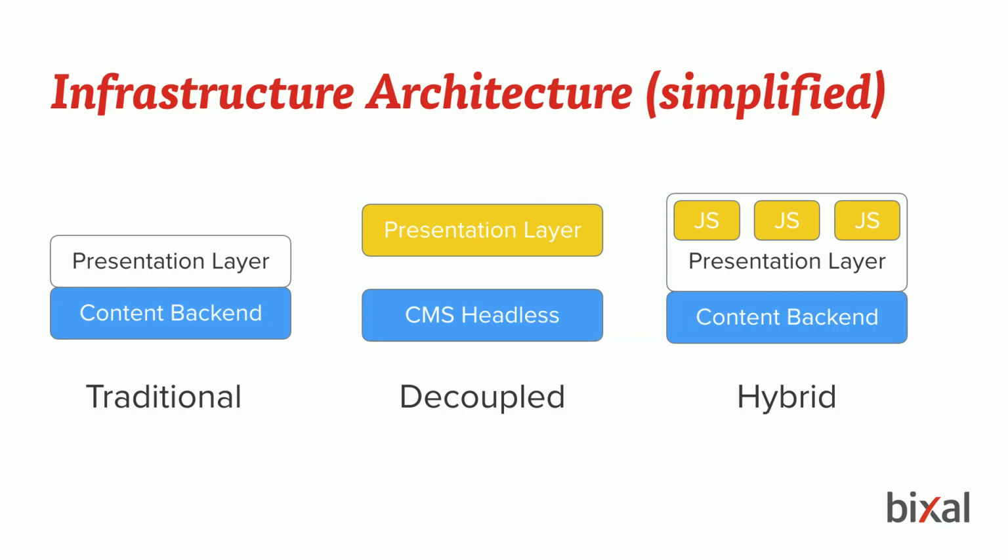So what we've seen at this point are these three. This is obviously a simplified diagram, not like the one I showed you, but it's the conceptual view. Traditional: the backend and the presentation layer together. Decoupled: we have our headless CMS and our presentation layer with some JavaScript technology, and in between we would have GraphQL or an API service to communicate between those two.